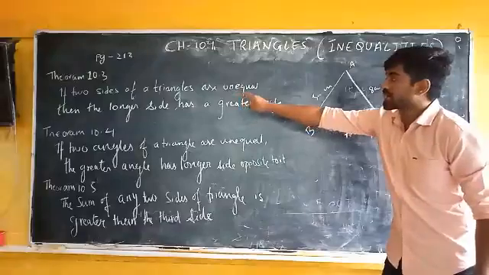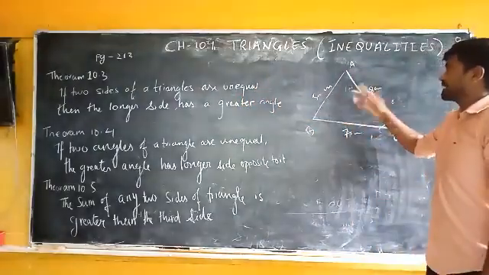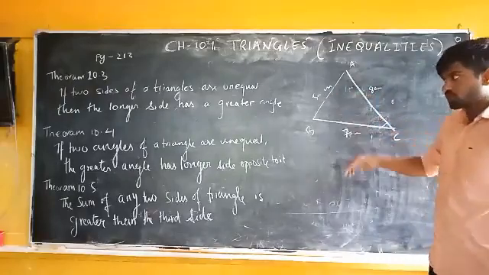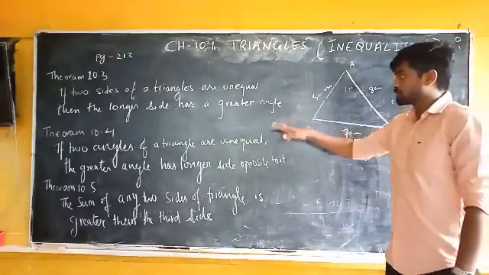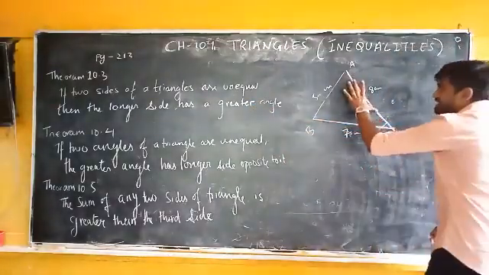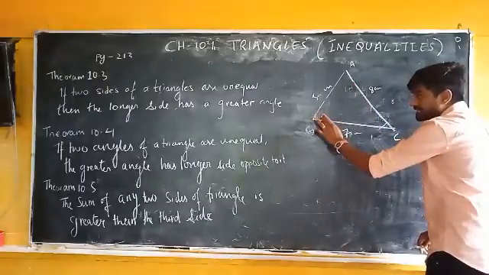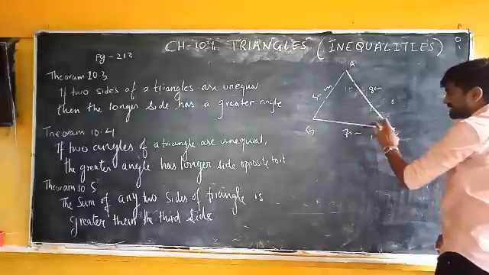If two sides of a triangle are unequal, let's take any two sides. If this side and this side are unequal, which is true, then the longer side has a greater angle opposite to it. This angle is greater than this angle.